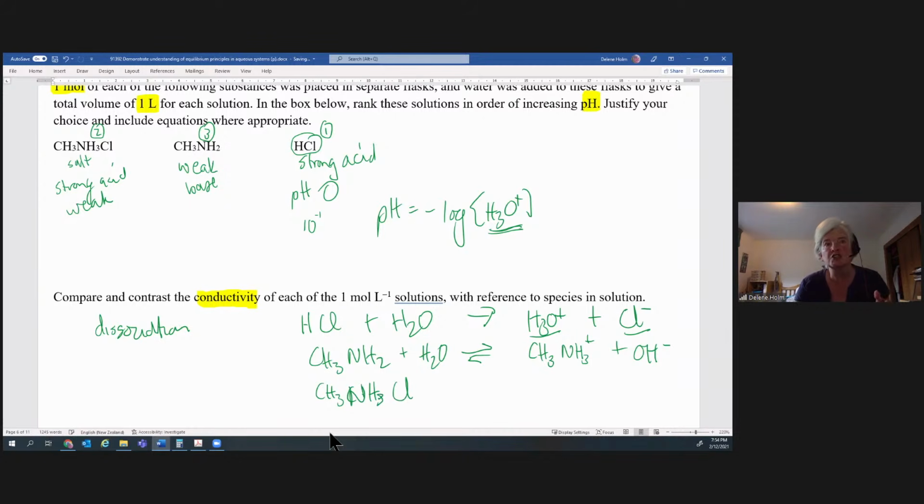Now, it's a salt. Again, the metal, non-metal doesn't really hold very well over here. This is the same as the ammonium. So that's actually the cation. And you can see that because it's got a 3 there compared to the 2 there. So you know that the nitrogen has got an extra hydrogen. So when that dissociates completely, because it's a salt, can you see it's very conductive because I've also got 2 moles per liter of charges, just like the strong acid.